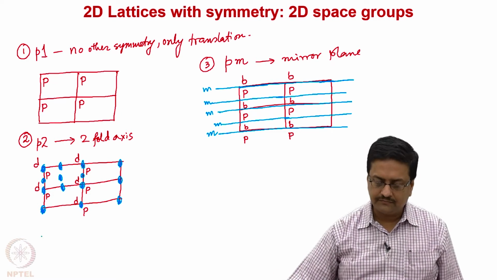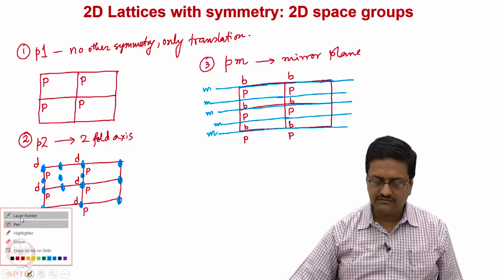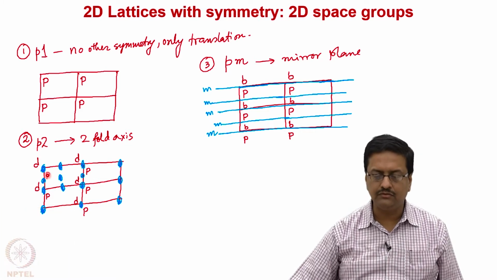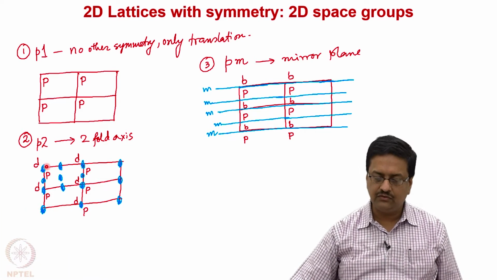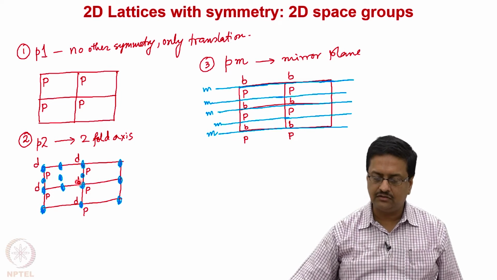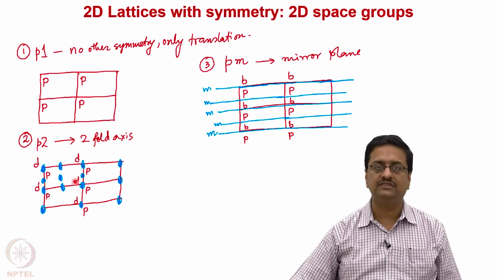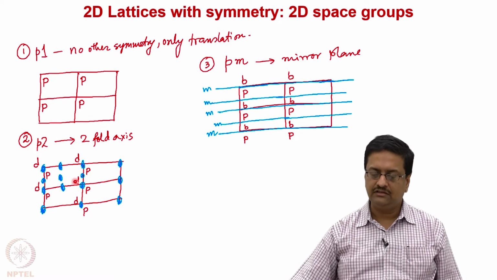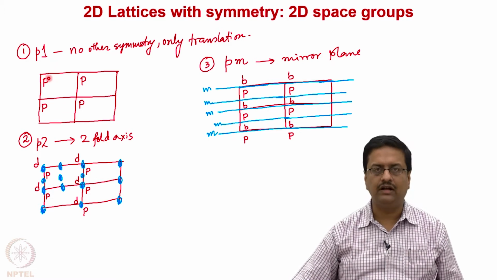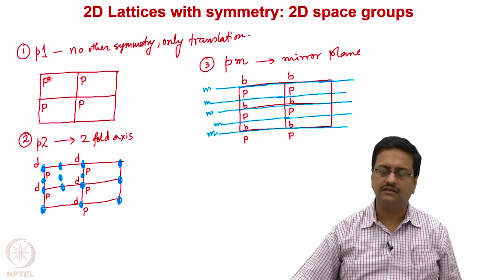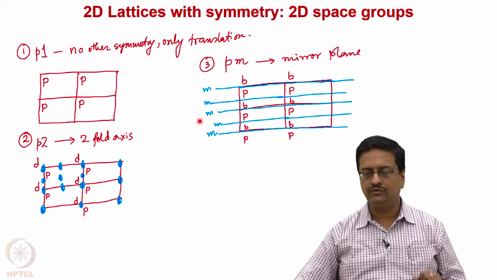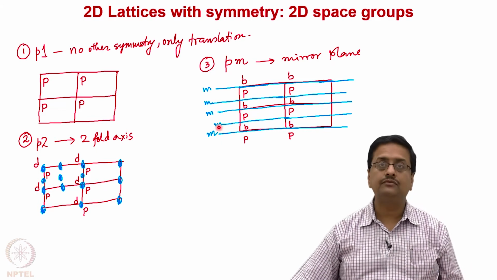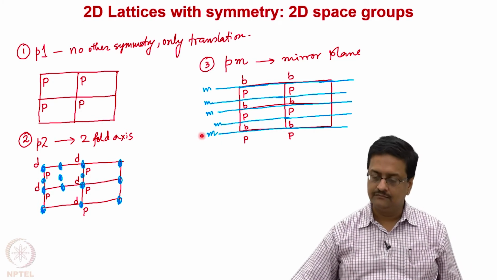In case of the previous lattice, which is P2, there also, if you see, in one unit cell there are two objects, two molecules related by a two-fold symmetry. So in case of P1 you have one molecule per unit cell. In case of P2 and PM you have two molecules per unit cell.